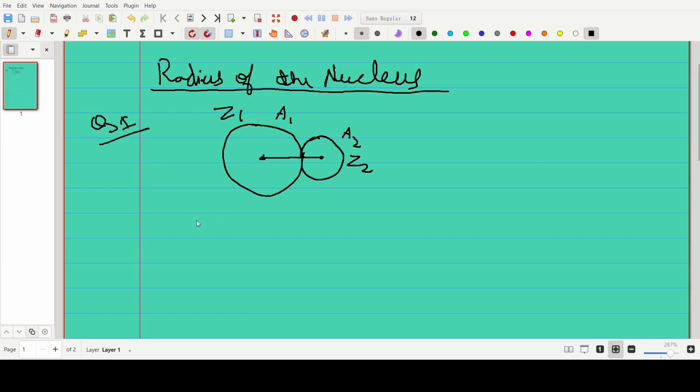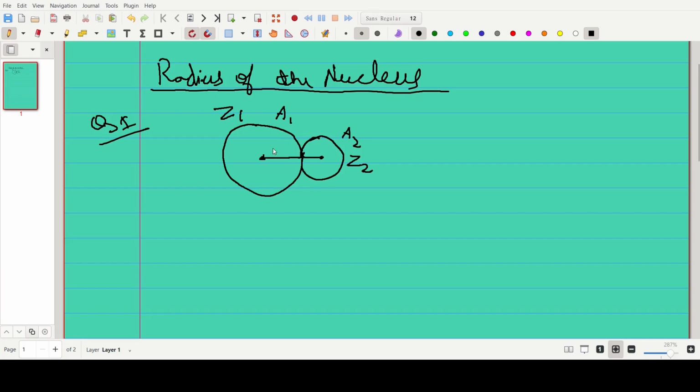First we need to calculate the distance between these two centers. We assume a spherically symmetric distribution of charge in each nucleus, such that all the charge is distributed in a way that there is no anisotropy.